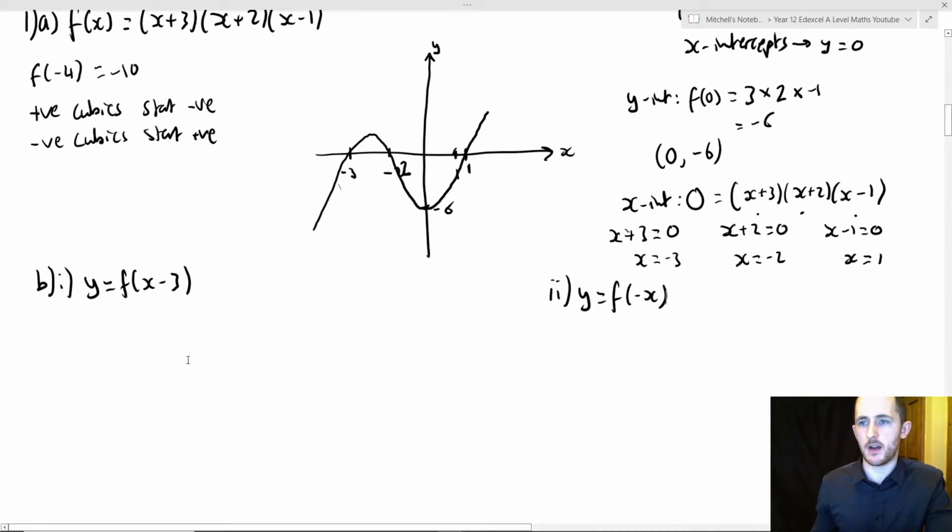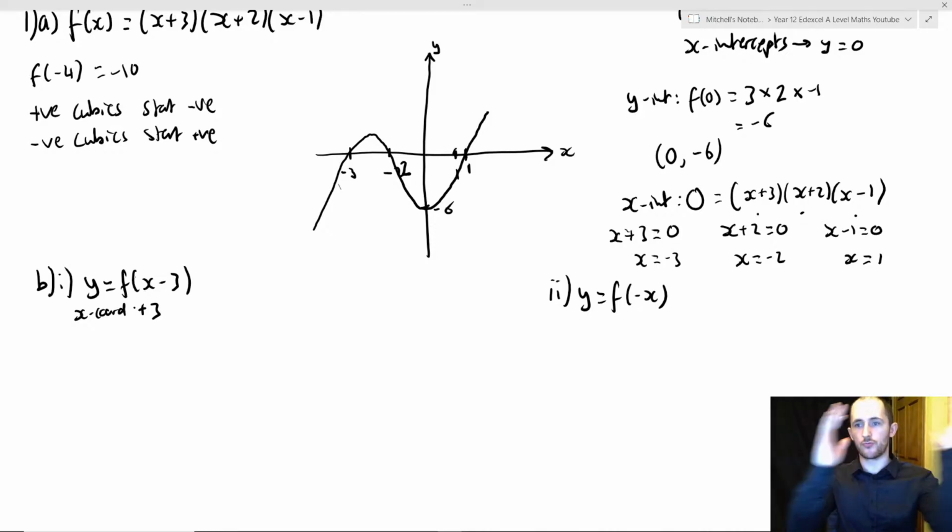So what I like to do is ask myself what's actually happening. For this first transformation, remember it's inside the bracket, which means we do the opposite and it affects x. So we're doing x coordinates plus 3. All of these x coordinates are now plus 3. So instead of minus 3 we have 0, instead of minus 2 we have 1, instead of 1 we have 4. We're literally just dragging the whole thing across. And again for f of minus x, it's basically minus 1 times x.